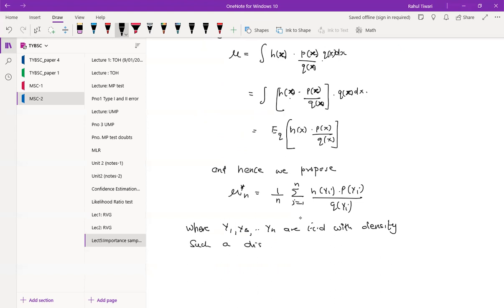Such a distribution q is called an importance distribution.